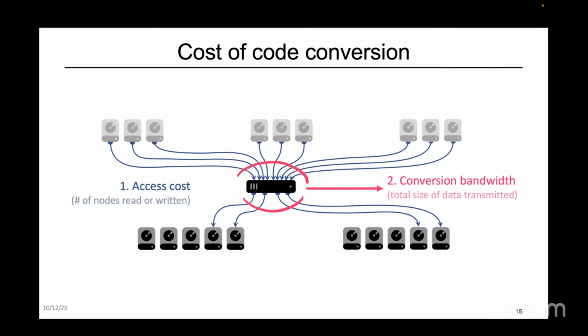On the real system side, it corresponds to the network costs and also the IO bandwidth cost of the devices. So often the IO bandwidth cost of the devices is more of a bottleneck and a critical resource than the network side of it. But it corresponds to that connection, that pipe that you're reading out, as opposed to just whether you're accessing that disk or not. Okay, so these are the two costs that we will keep in mind.